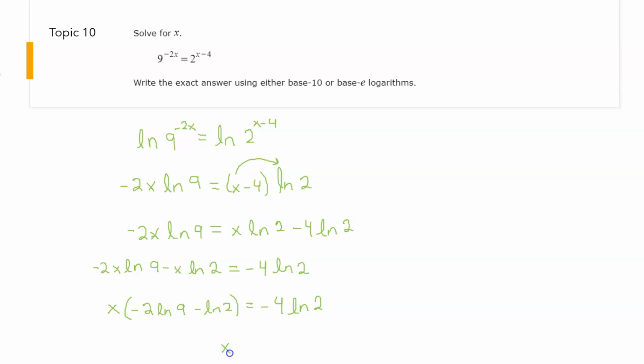And finally, to solve for x, you just have to divide by the coefficient. So this will be negative 4 natural logarithm of 2 over negative 2 natural logarithm of 9 minus natural logarithm of 2. And that will be your x expressed in terms of natural logarithms. Basically, you can do it the same with natural logarithms or with common logarithms.